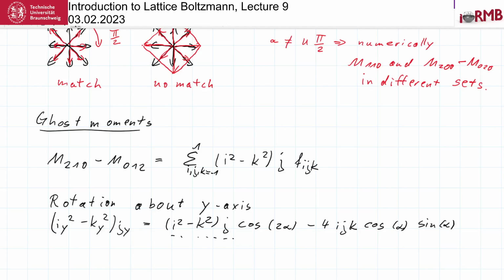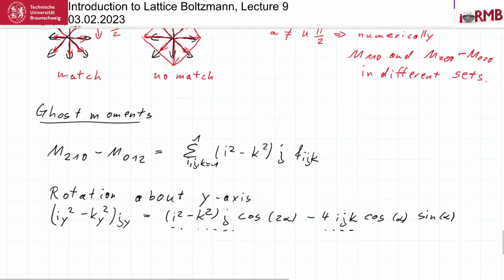the same that we had before, right? So this is invariant under rotation, and here we have something that is related to a different moment. And one important thing that is missing here is that there is no way that this maps onto i squared plus k squared.